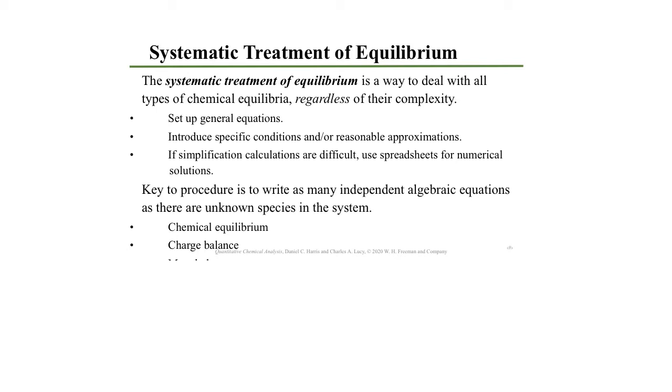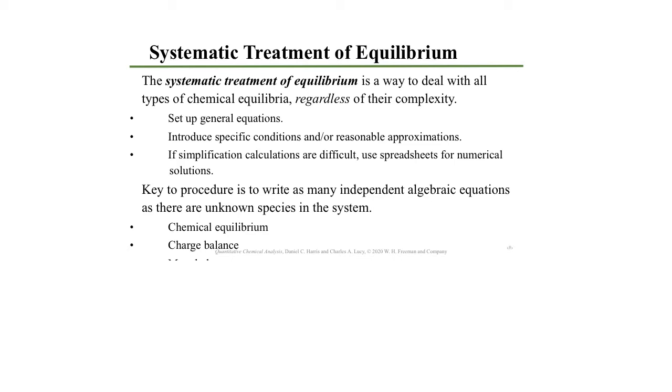And so you deal with all the equilibria first, and I mean all of them. So if this is an aqueous solution, the one to not forget is H2O goes to H plus and OH minus. And then any of the other ones that are in there. If there are conditions that simplify, then do it.